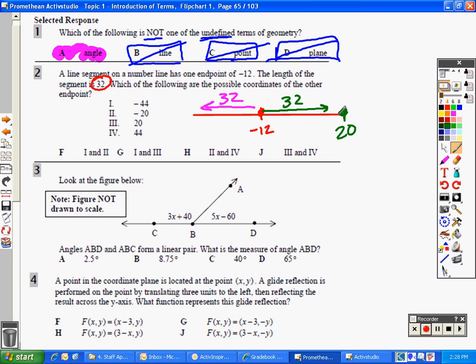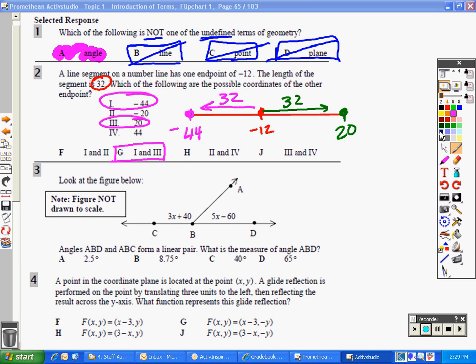So that is one place that I could go. The other option is if I went to the left, -12 minus 32 would actually put me at -44. And that's the other endpoint. So either 20 or -44. Let's look at my options. -44 is 1. 20 is option 3. So 1 and 3, and that answer is G, 1 and 3.